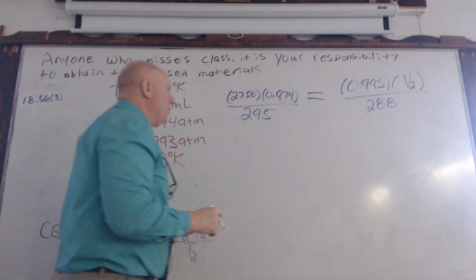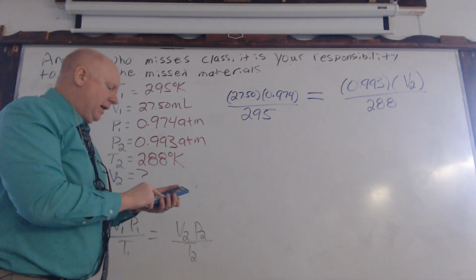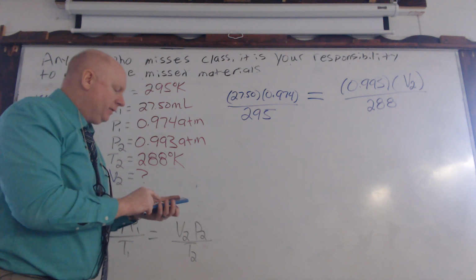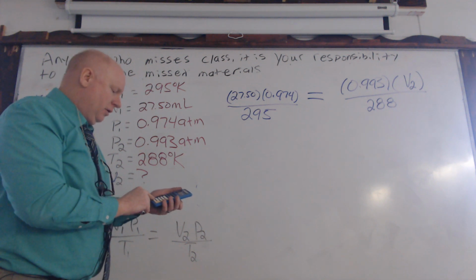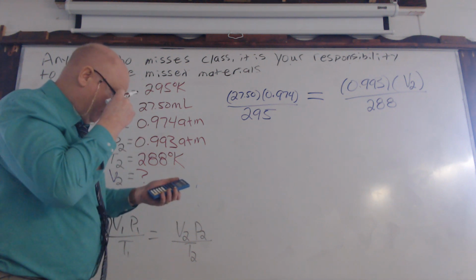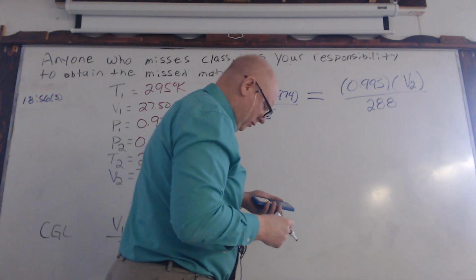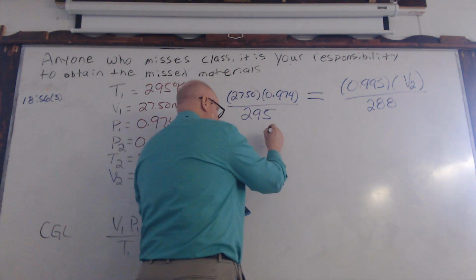But you can't forget about 0.993. So we've got 295 times 0.993, which is 292.94.